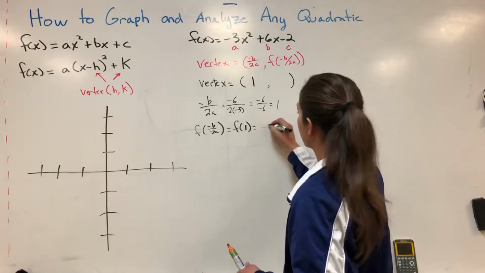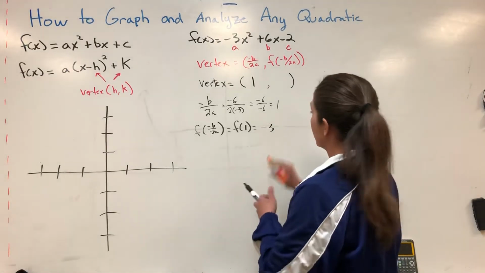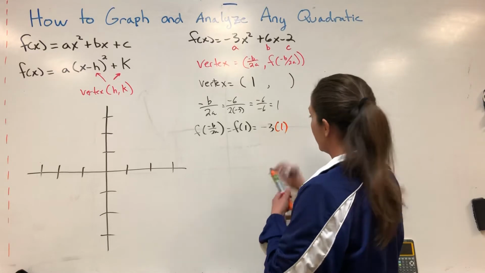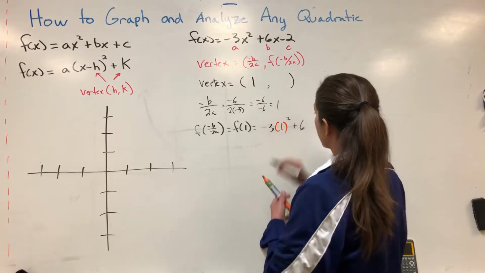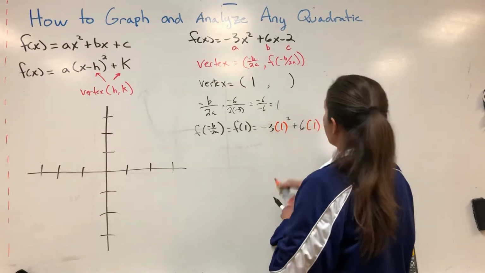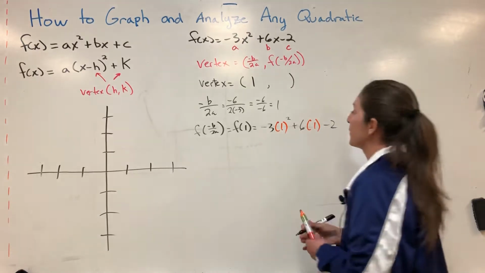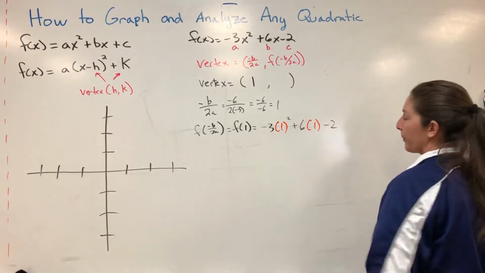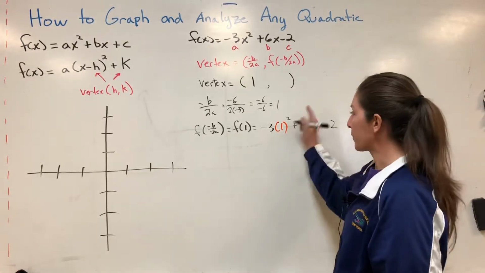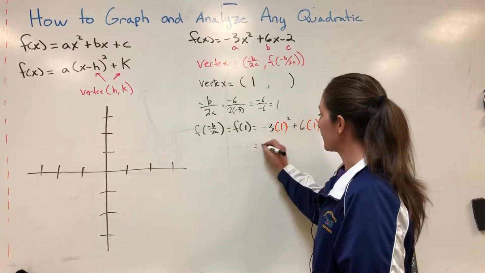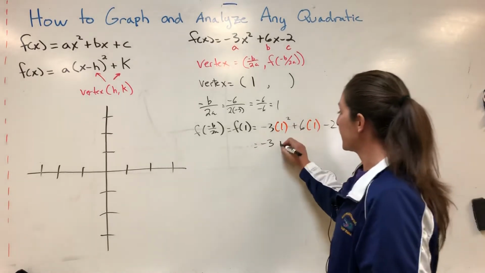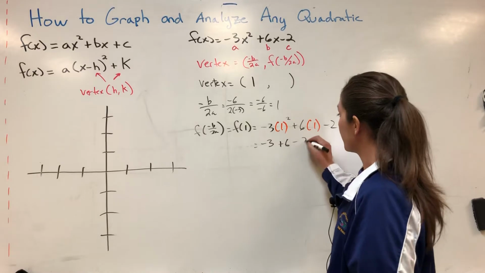So what does it look like when we plug in 1? It's going to look like negative 3 times 1 squared plus 6 times 1 minus 2. Okay, order of operations. 1 squared is 1, times negative 3 is negative 3. 6 times 1 is 6, minus 2 is minus 2.